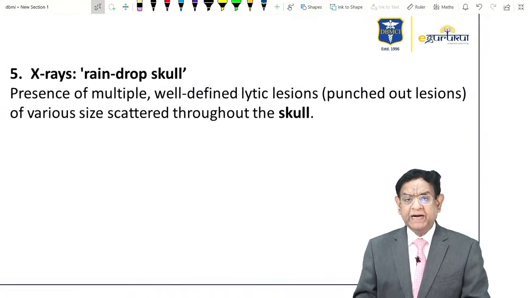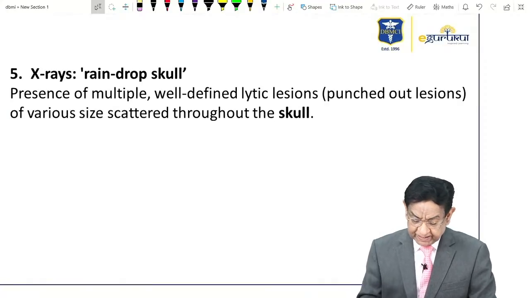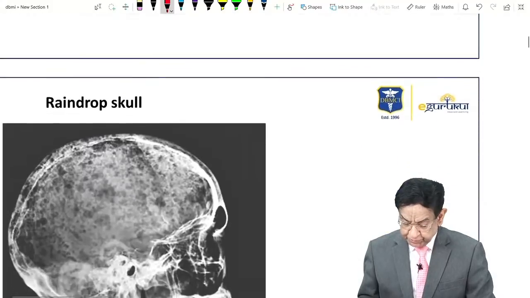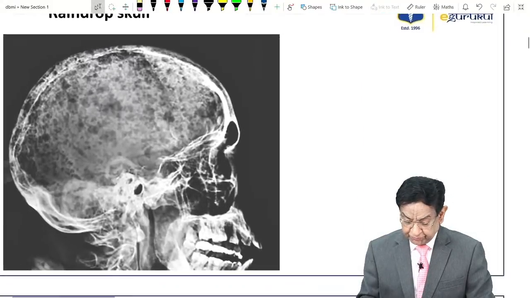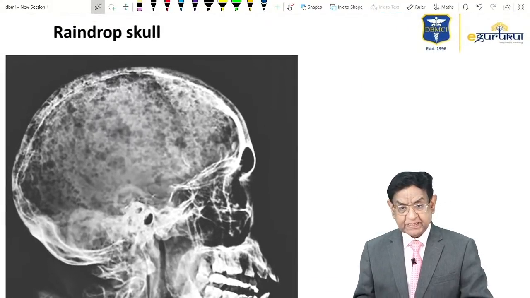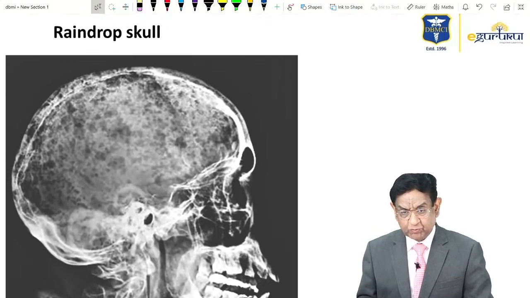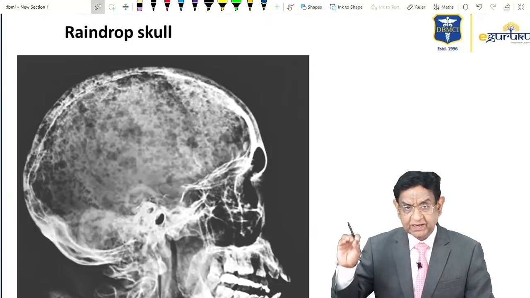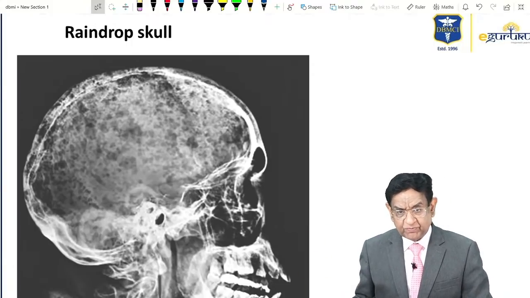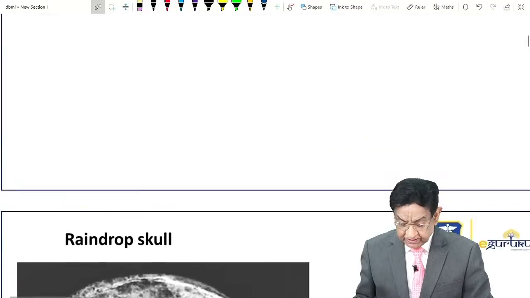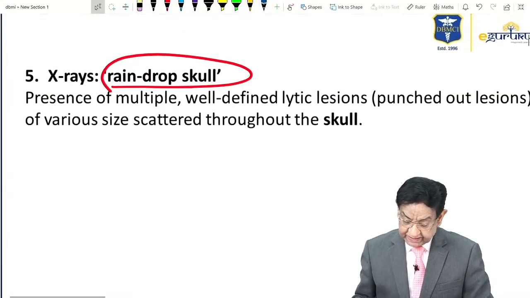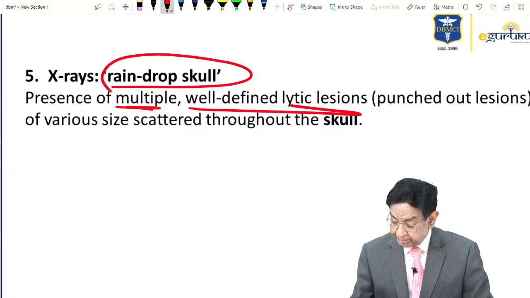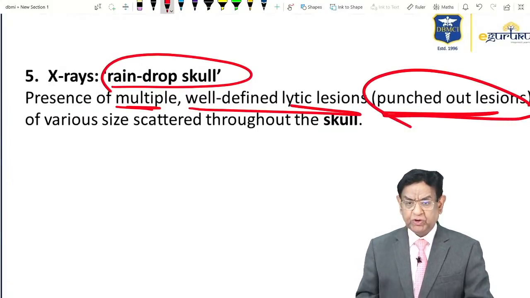So I talked to you regarding X-ray, to see what we get. We get raindrop skull. Let me show you first. Oh, look, it's beautiful. I think raindrop skull, you will never forget if you see it once. It looks like rain has fallen and left marks on the floor, which you must have seen. So what is raindrop skull? Presence of multiple well-defined lytic lesions, punched-out lesions, the usual word.